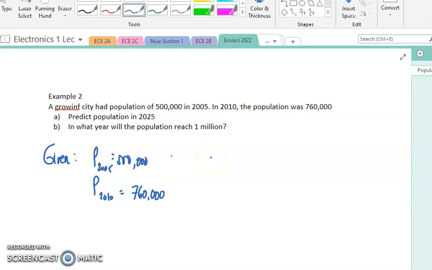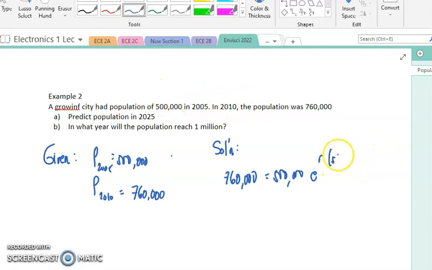So obviously, we don't have the value of R, so you have to get the value of R first. Okay, so the solution, let's get first the value of R. In 2010, the population is 760,000. The initial population is 500,000. So E raised to R, we are getting the value of R. And what is the time between 2005 and 2010?